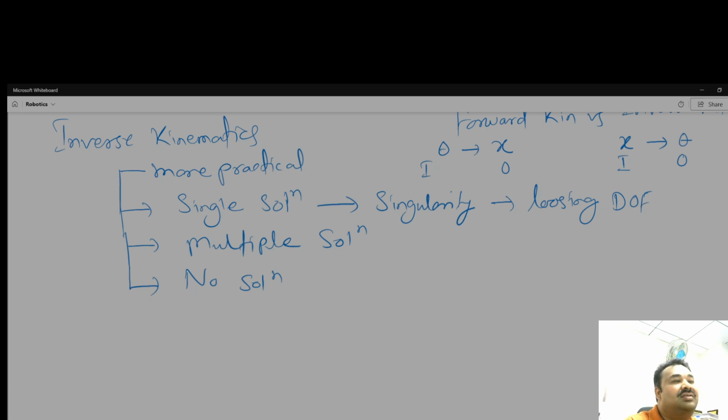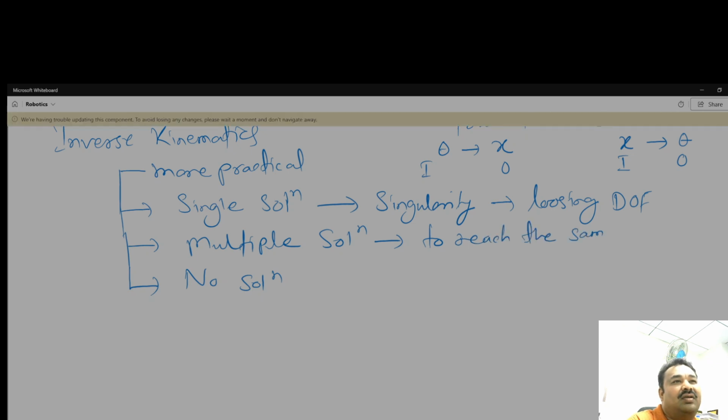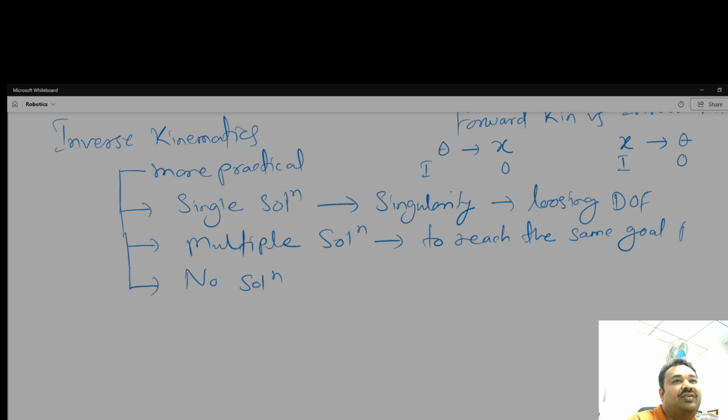And multiple solutions means, to reach the same goal points, there will be multiple ways. And no solution means, what is the meaning of this?